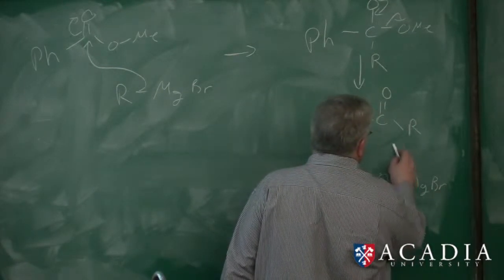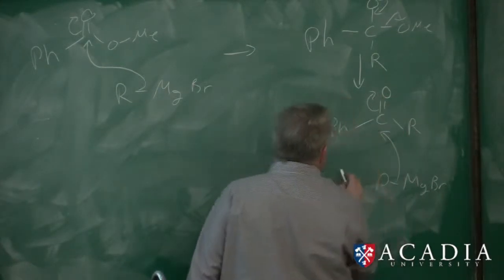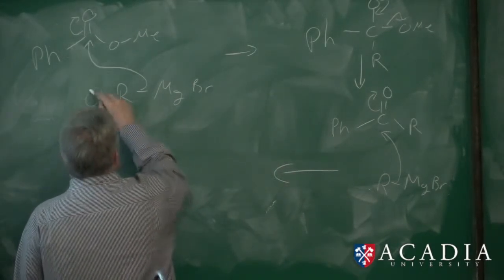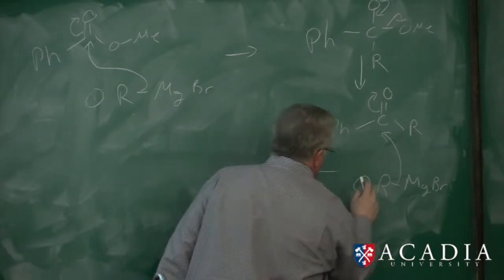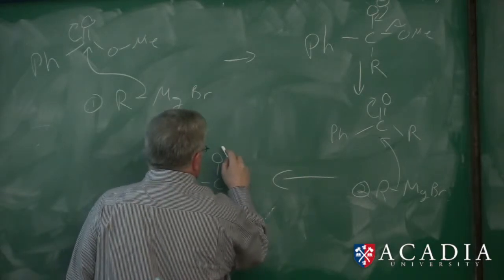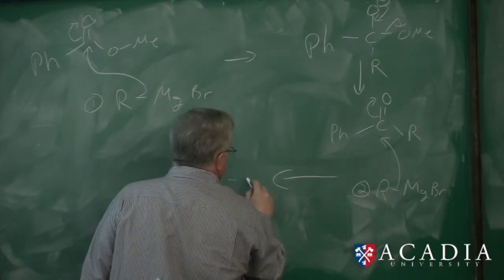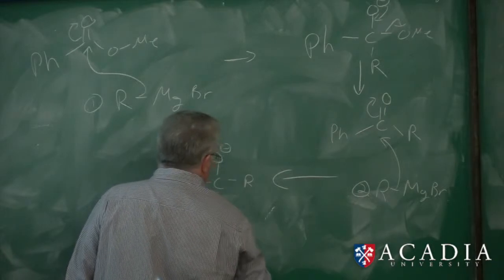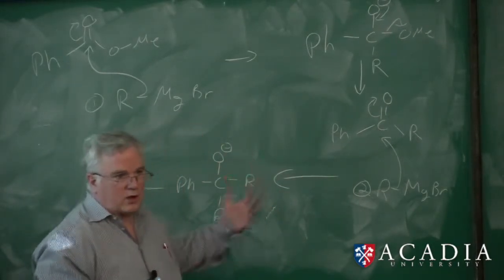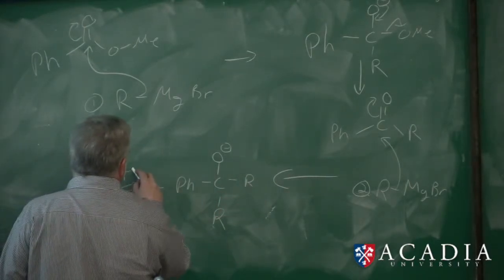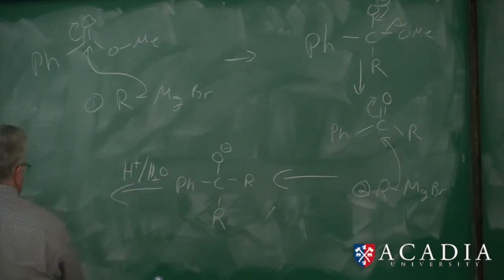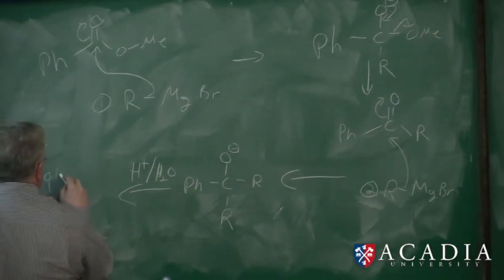So we get addition to that with our second equivalent. So I'm just going to put 1, 2, and then this will just sit around until we do our workup. And when we finally do our workup, we get a tertiary alcohol.